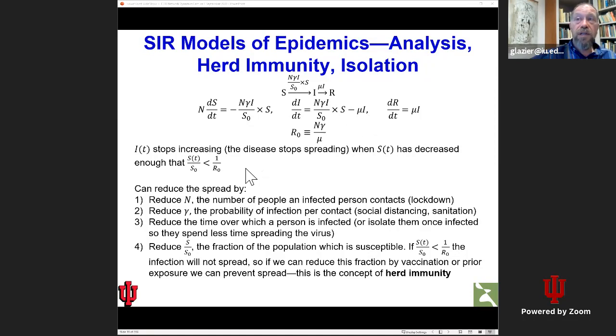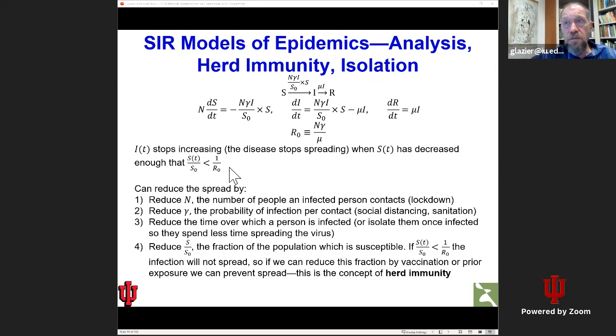And I rearrange, and that's equivalent to saying that 1 over R naught is bigger than S over S naught, or vice versa: R naught is bigger than the fraction of people susceptible. So if R naught is 8, the epidemic will stop when 1/8 of the population is susceptible. Actually, it's not quite that, but it'll start dying out when 1/8 of the population is susceptible. And that's what's called herd immunity.